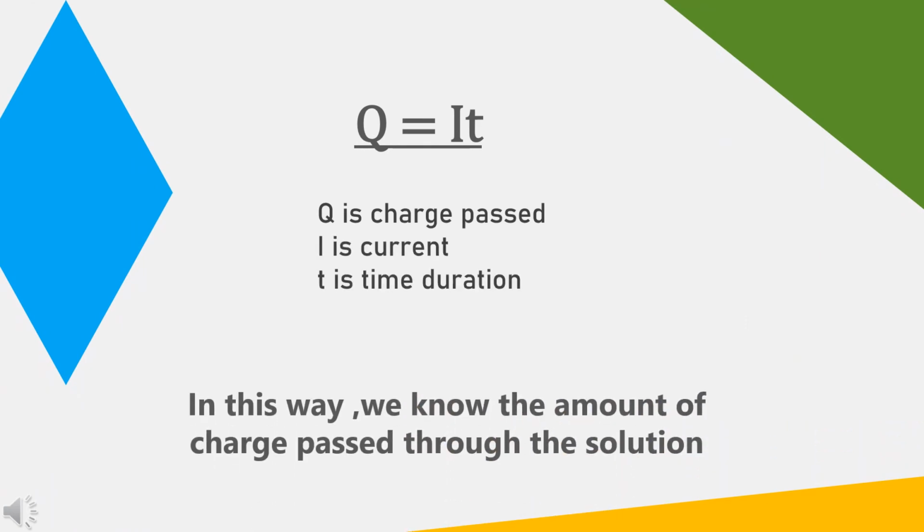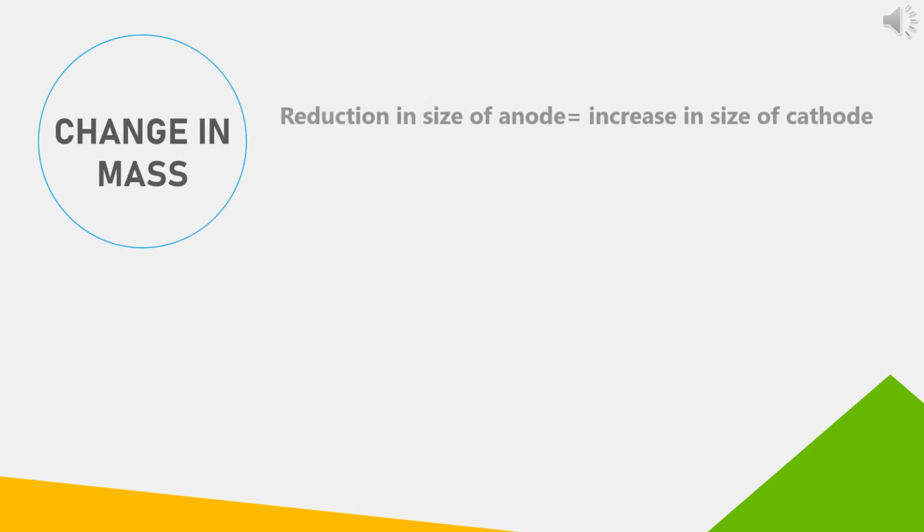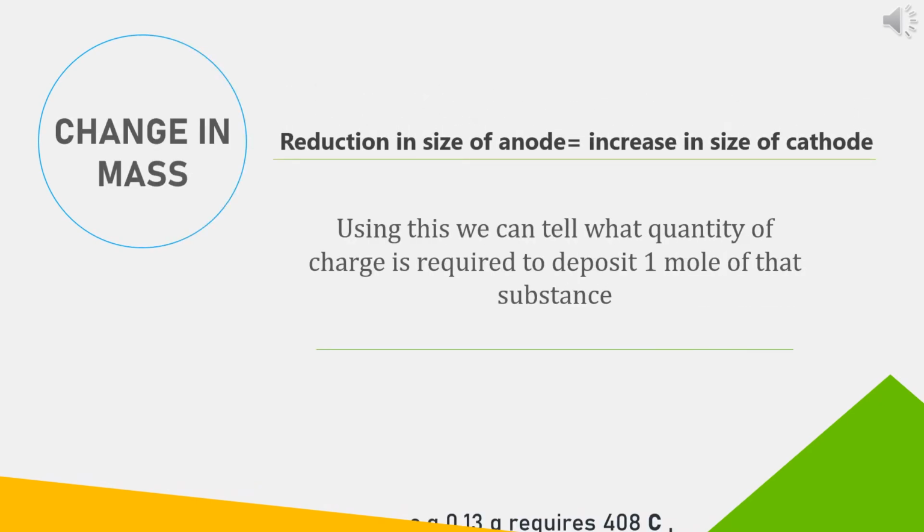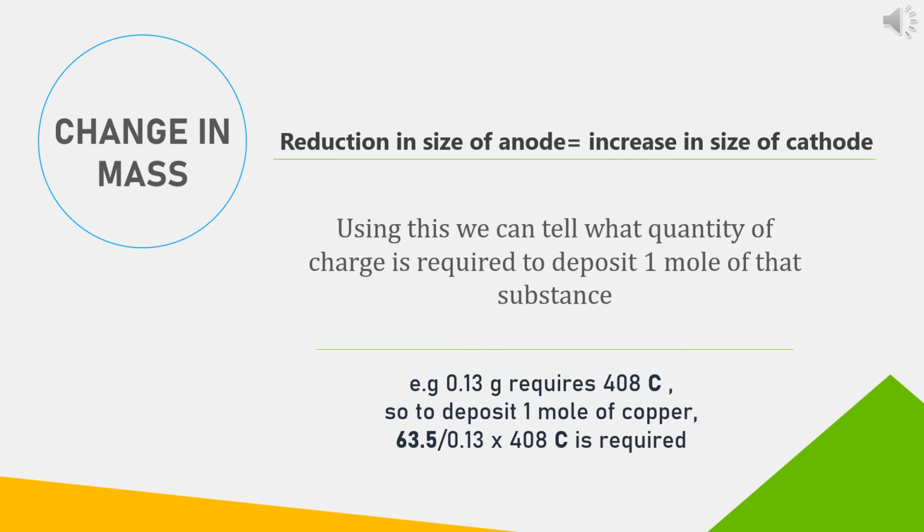Using this equation, we can know the amount of charge passed through the solution. For change in mass, the reduction in size of the anode is equal to the increase in size of the cathode. Using this, we can tell what quantity of charge is required to deposit 1 mole of that substance.